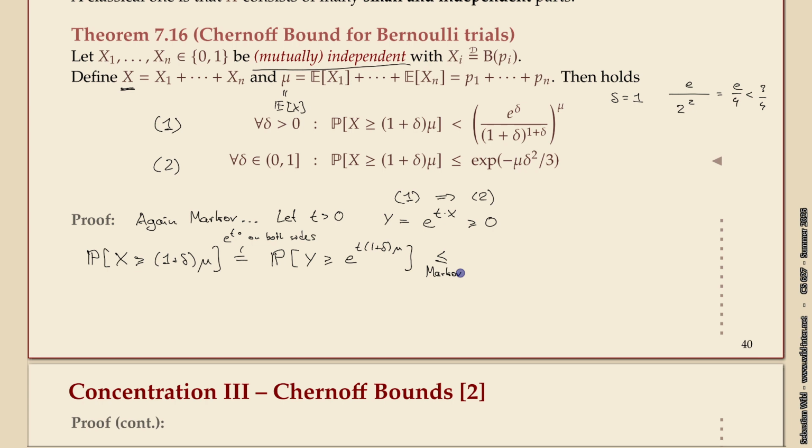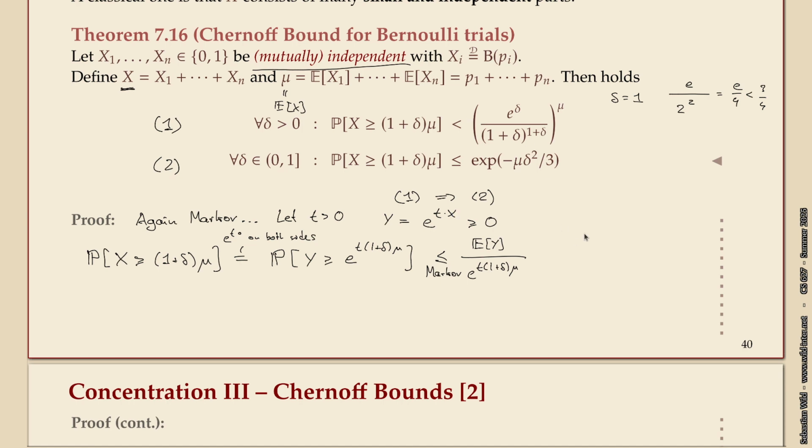To do that, though, we have to rewrite it somehow, right? For Markov's inequality you have to know the expectation of y, and then we divide by this friendly thing. What's the expected value of y? Well, we just plug it in and see what happens.